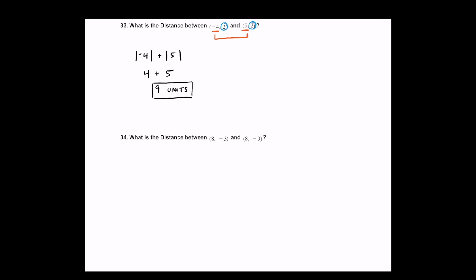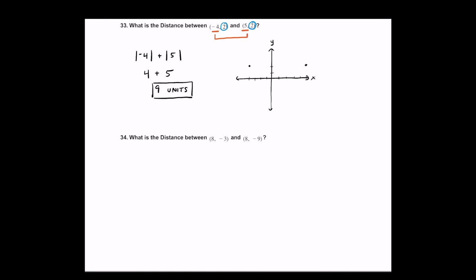Okay. If you wanted to look at this on a coordinate plane, I'm going to make a rough sketch here. It's not going to be perfect. So you can just visually see -4, comma 2. That means 1, 2, 3, 4, and then up 2. That would be located right about here. And 5, comma 2. So 1, 2, 3, 4, 5, and then up 2.